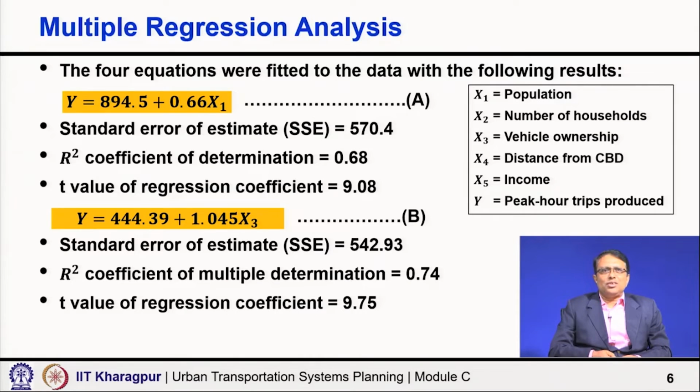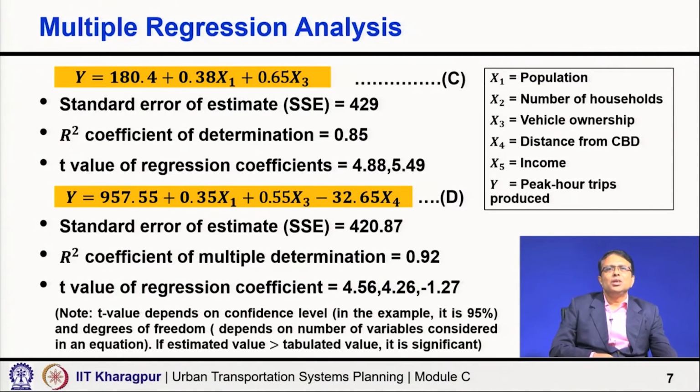Let us look at this based on R square, 0.68, 0.74 for B, 0.85 for C and 0.92 for D. So, in terms of R square, the best one is model D. But then let us check other points.